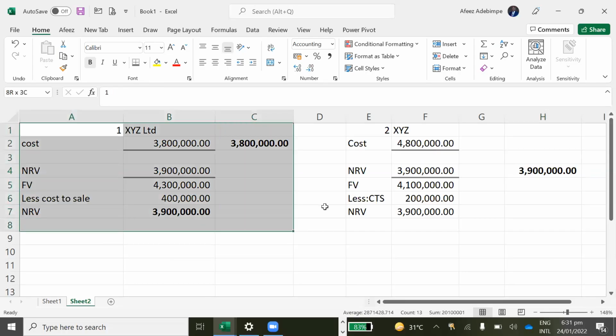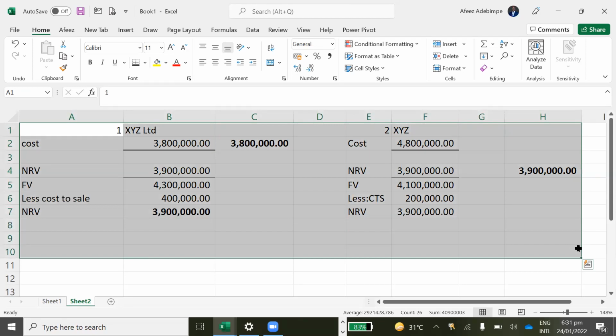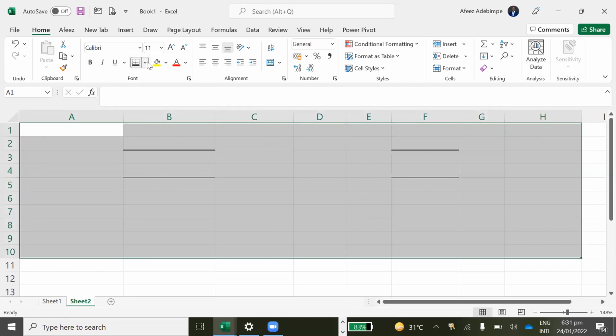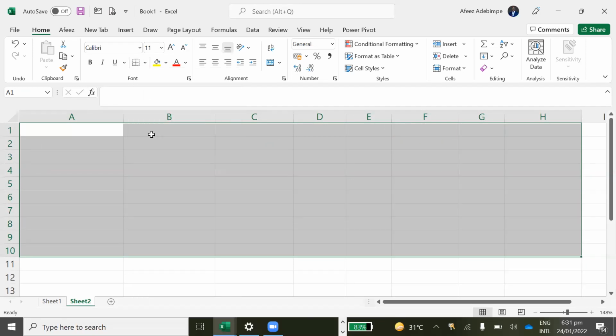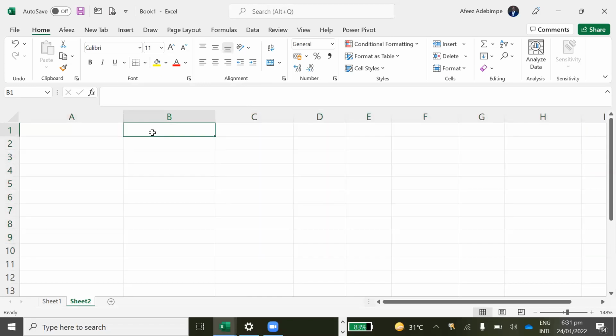Let me clean this. Question 3, determination of closing inventories.